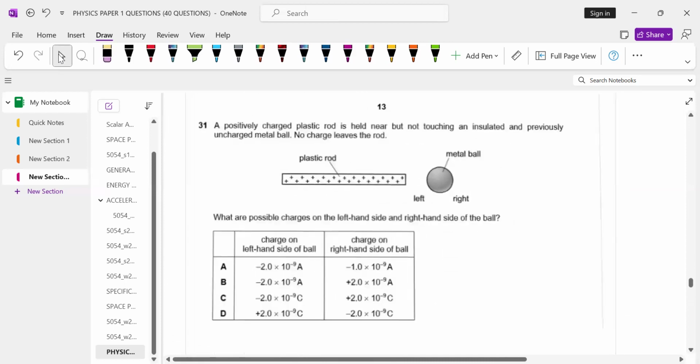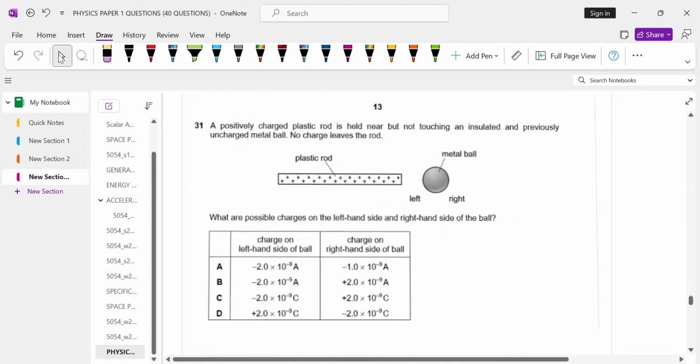Then question number 7. A positively charged plastic rod is held near but not touching an insulated and previously uncharged metal ball. The metal ball is uncharged, and no charge leaves the rod. What are the possible charges on the left hand side of the ball and the right hand side?